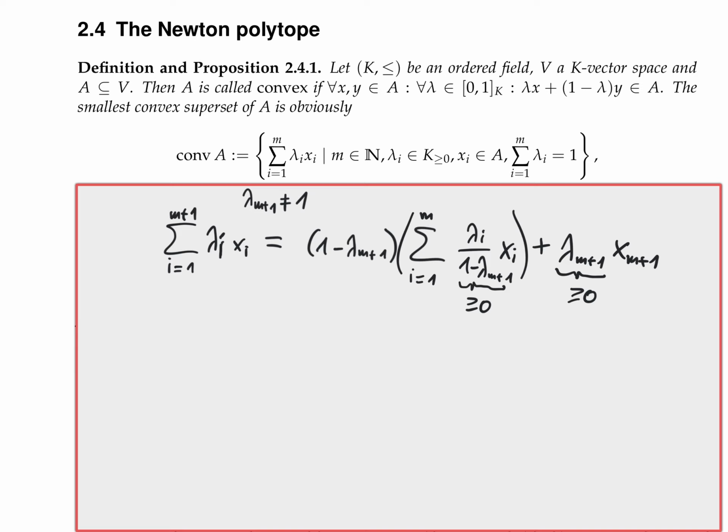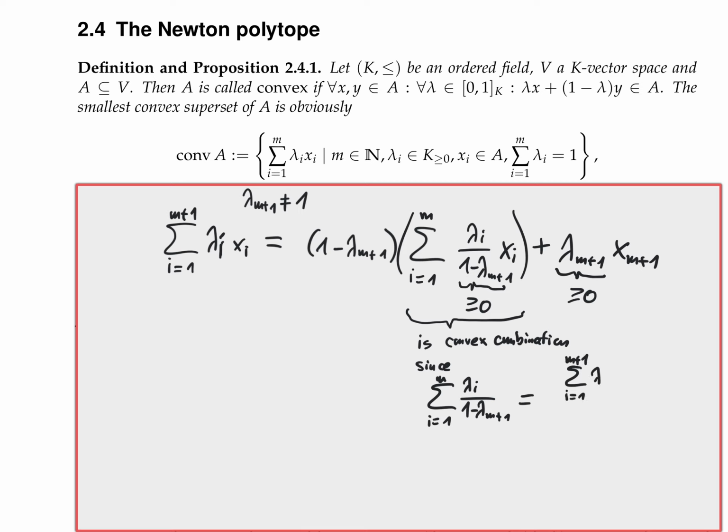And this here is actually a convex combination of m elements, because the sum is a convex combination of x1 up to xm, since the sum from I equal 1 to m of lambda I divided by 1 minus lambda m plus 1 is the sum from I equal 1 up to m plus 1 of lambda I, and when I subtract lambda m plus 1 again, in the denominator I just take what is there.